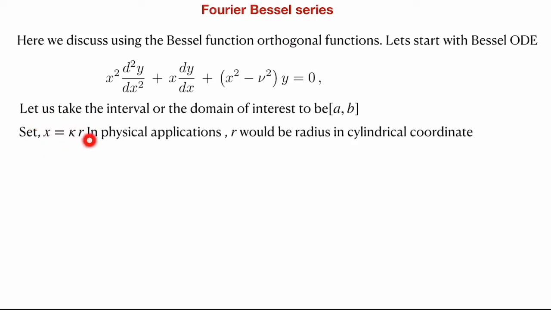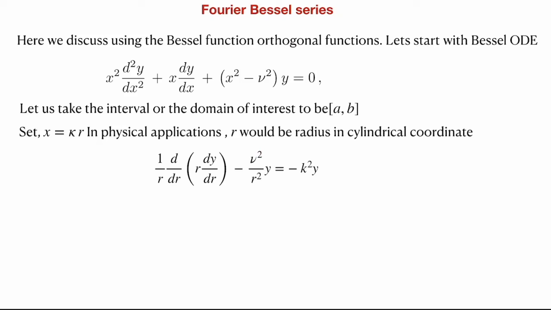That scaling has to be kept in mind when we use x here in terms of the physical application and the cylindrical coordinate; it is always k into r. Even though we say it is a function of r, it is actually a function of k times r. The equation here looks like 1 by r d by dr of r dy by dr minus nu square by r square times y, minus k square times y.